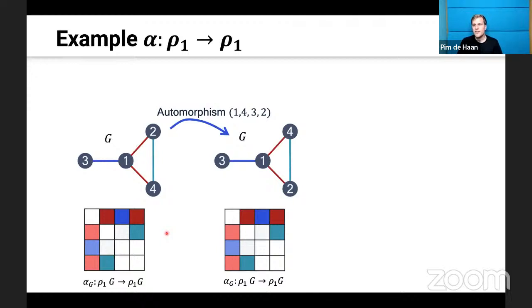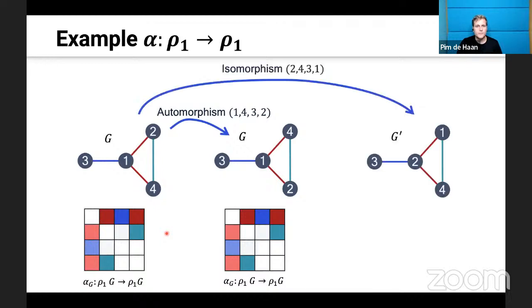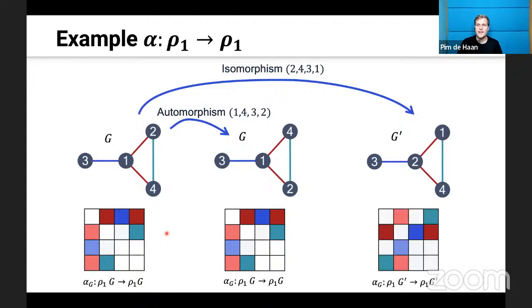So we see now that the natural transformation for this particular graph can have quite some free parameters, but also has some constraints, as encoded here by these colors in the matrices. Now, if you have an isomorphism to a different graph, then we require that the matrix is the same up to the basis transformation given by the isomorphism.